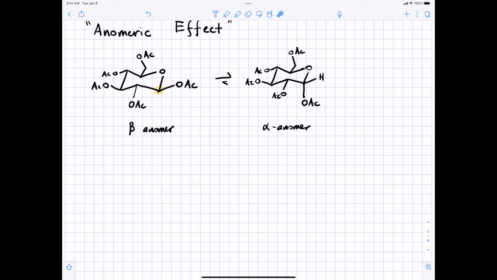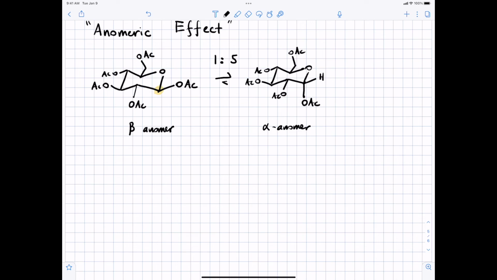Now, if sterics were the major factor, you would predict that the alpha anomer would be less stable than the beta anomer because you've got a larger group axial instead of equatorial. However, the equilibrium constant is like 5 to 1 in favor of the alpha anomer. So that's different from what you would expect from sterics.